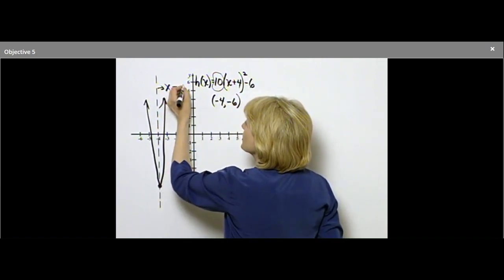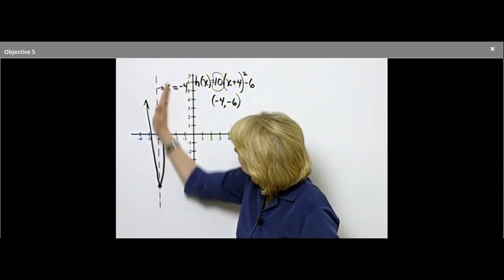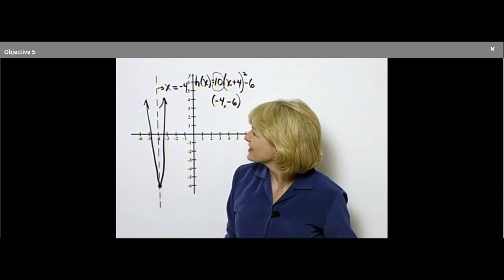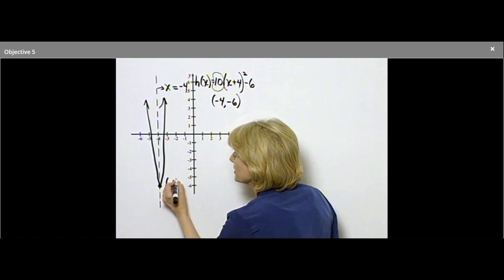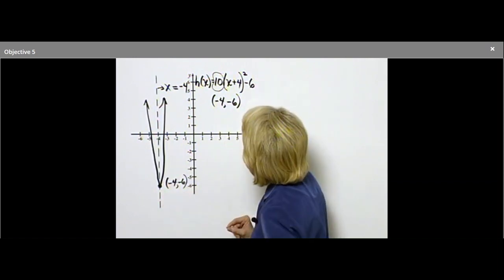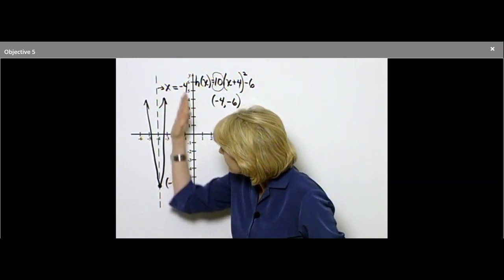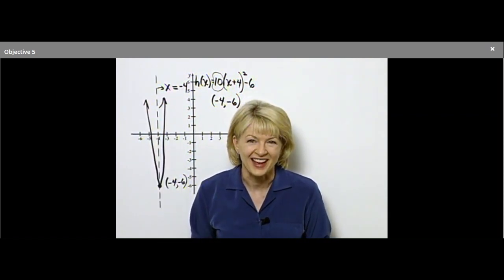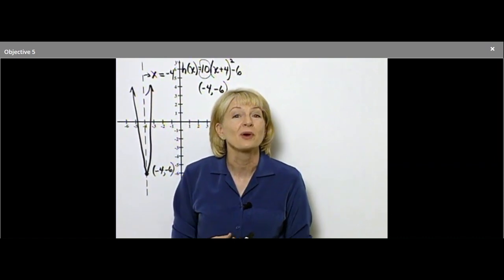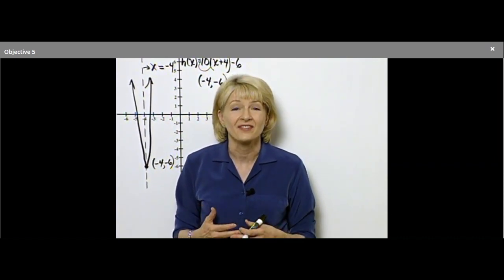So the x value of the vertex is -4. This vertical line has equation x equals -4. The vertex has coordinates (-4, -6). And this is a function. It does pass the vertical line test. All right, this time practice graphing quadratic functions.